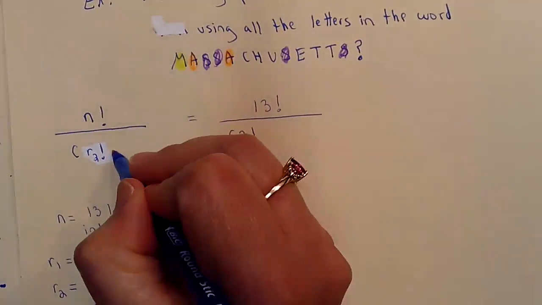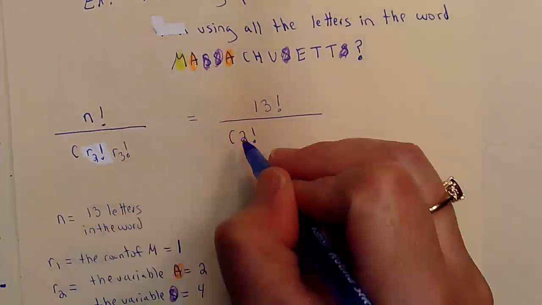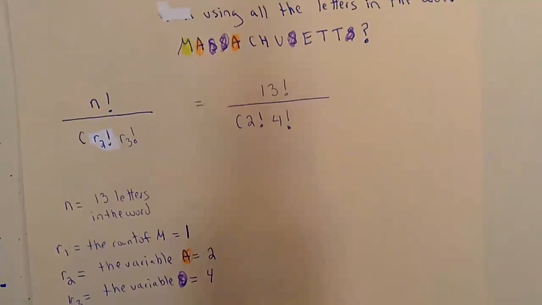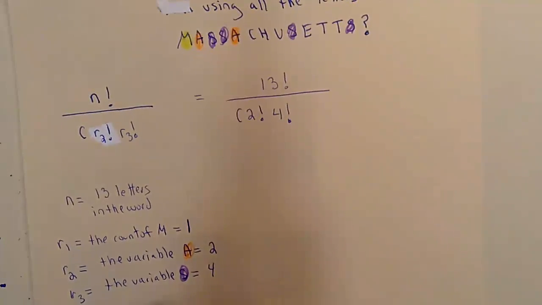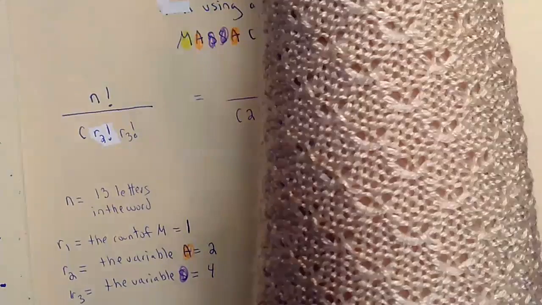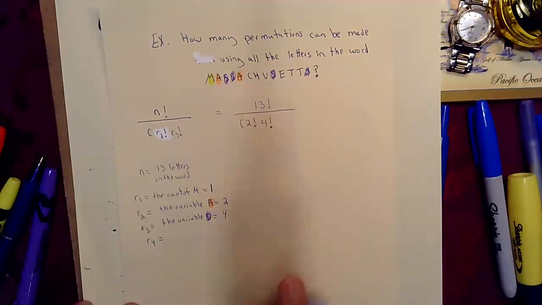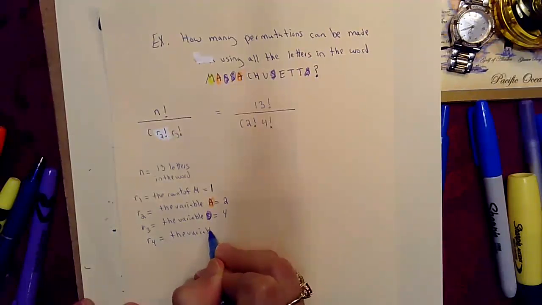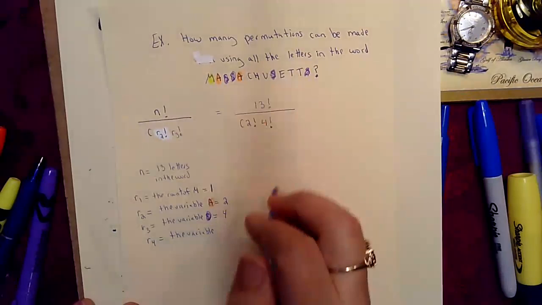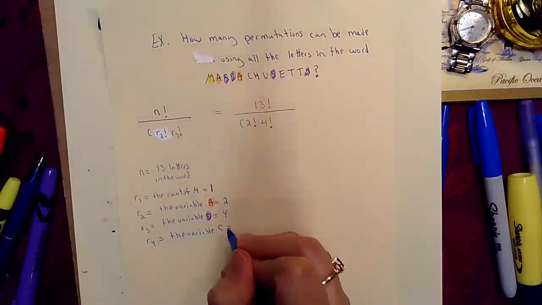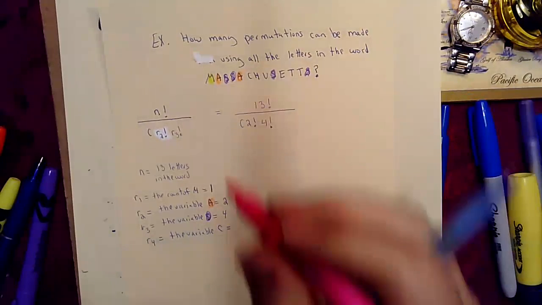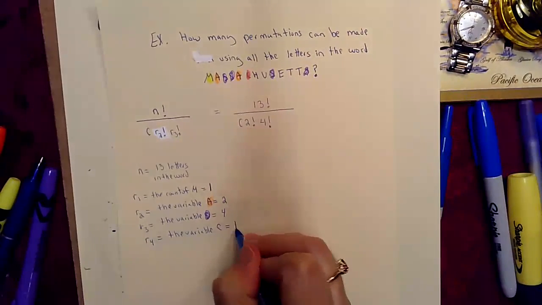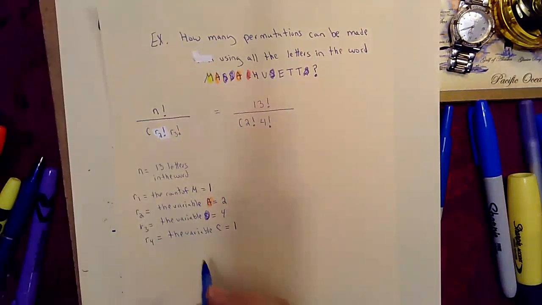So it's R sub 3 factorial, which is the S's, 4 of them. R sub 4 is equal to, after S's, I'm going to do C's. How many C's do we have? Just 1. And we don't have to include the 1 factorial.